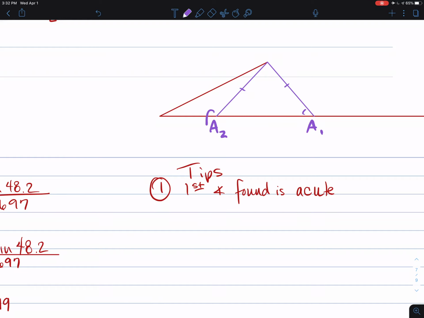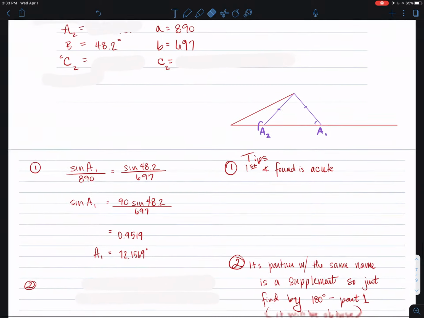Well, if this first one I found was 72 degrees, that means that this one has to be 72 degrees. And you'll notice now that A1 and A2 are supplements of each other. So in order to find my obtuse angle, all I have to do is find the supplement of the acute angle that I just found.